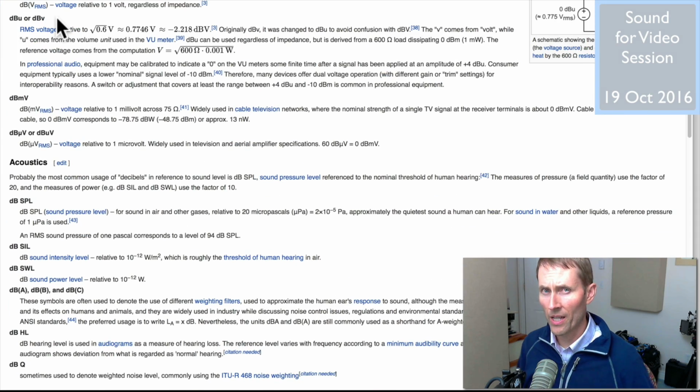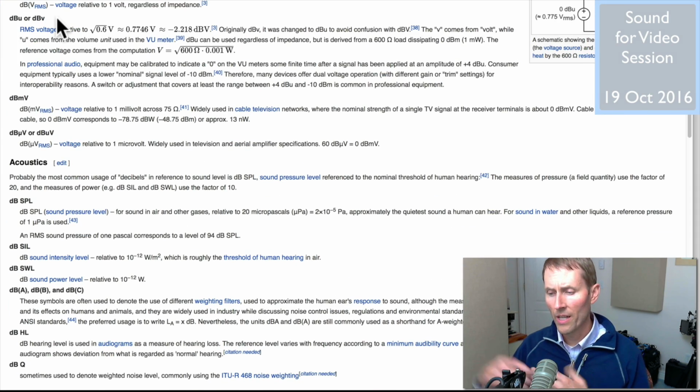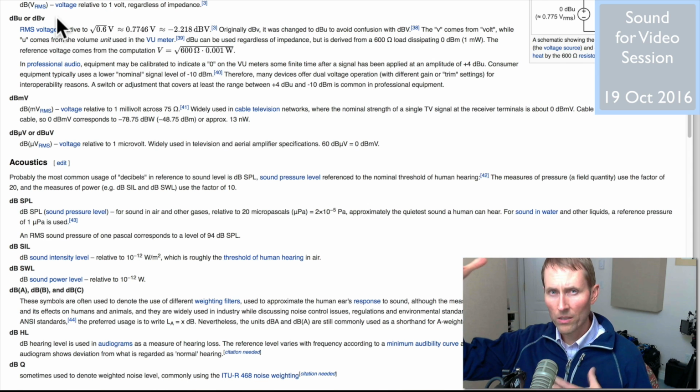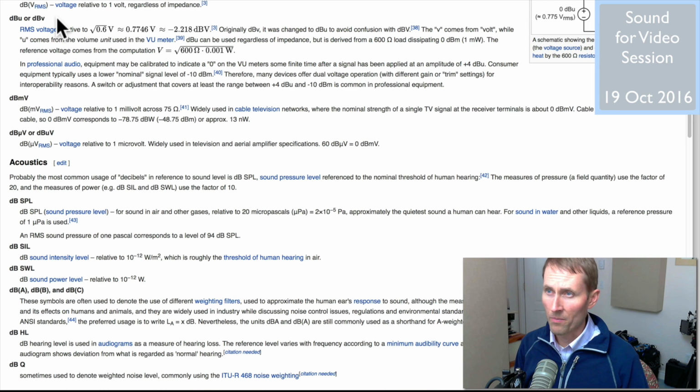So it's different than dB full scale. dB full scale is representing how all of the amplitude of different sound can be represented in a digital system. dBu has to do with voltage, and it's usually used on analog devices.